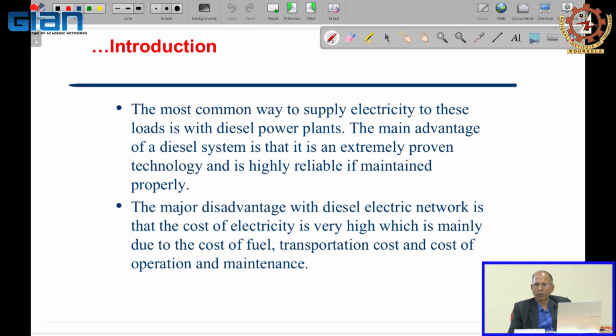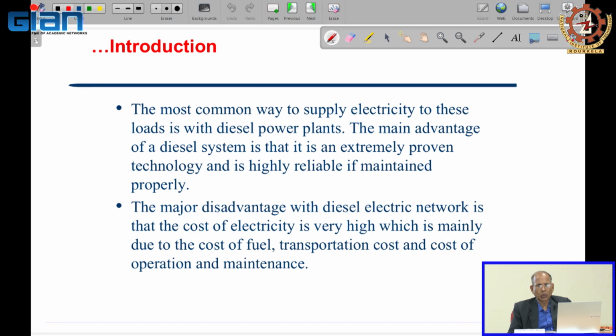Then there is the transportation cost for the fuel. Think of remote locations, such as remote island countries: how will the diesel be transported?